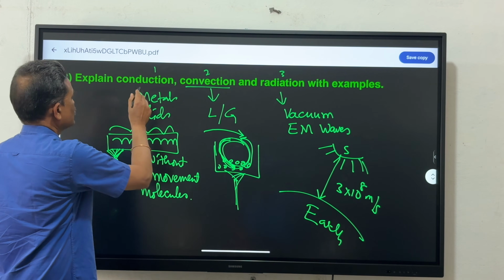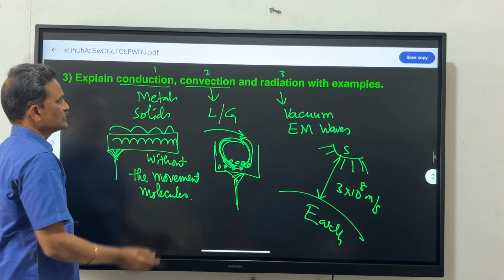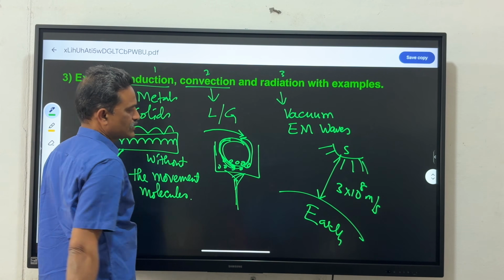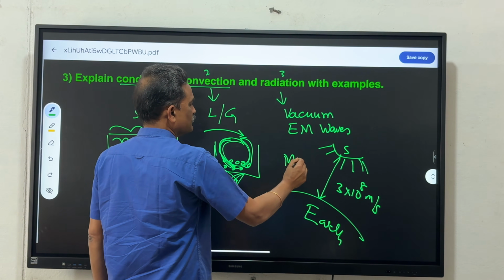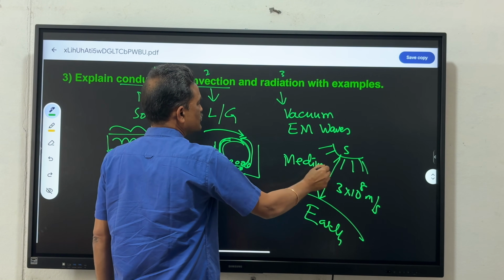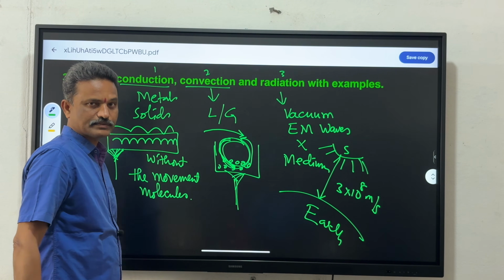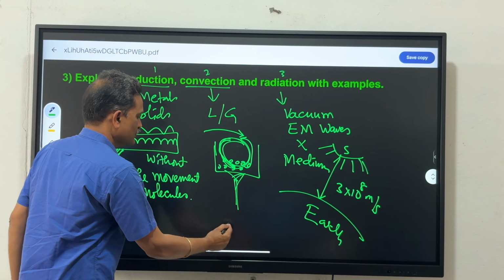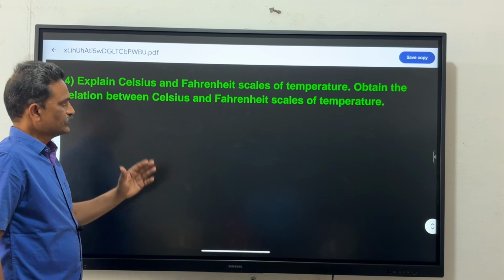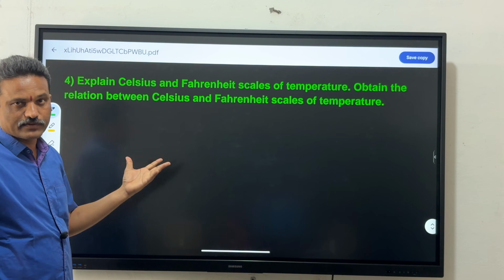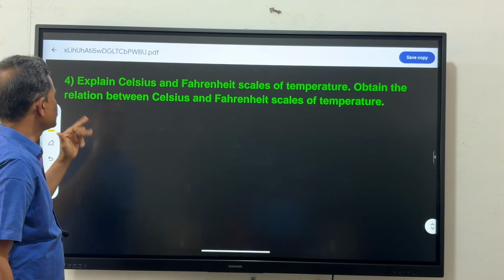The slowest one is conduction. So this is the slowest one and this is the fastest one. Radiation does not require a medium. This is a 2 marks question. Medium is necessary for convection as well as for conduction. We discussed this question also under the very short answer questions category.